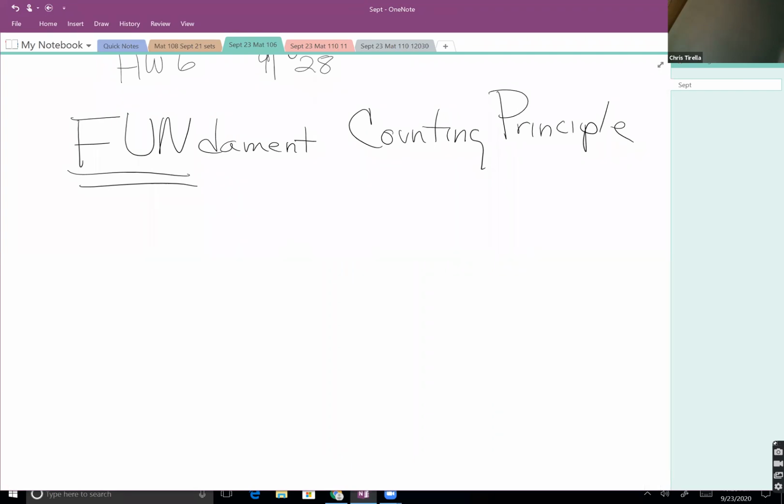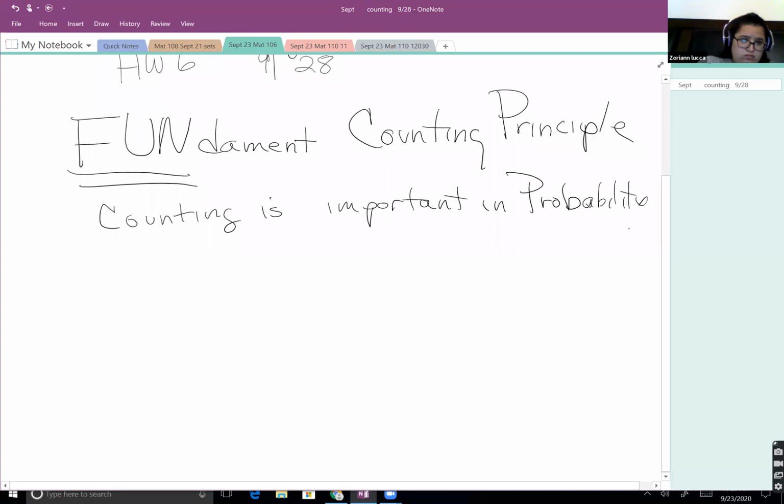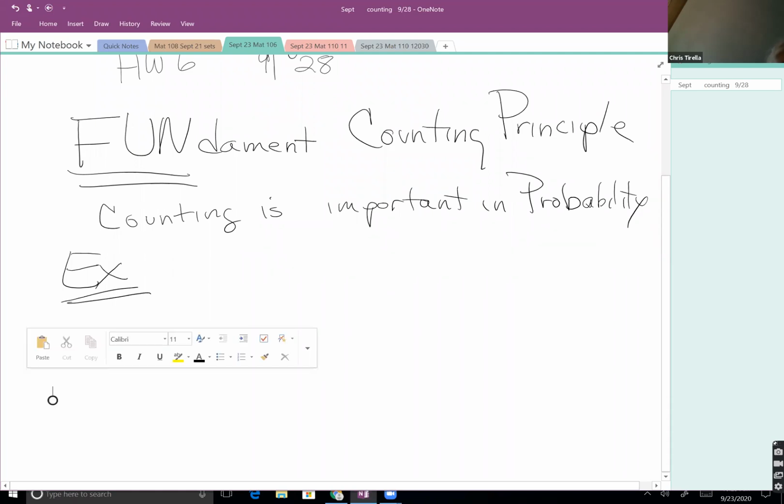And so we're looking at this again because the idea is that counting is important in probability. And so before we look at what the fundamental counting principle says, I'd like to look at an example.